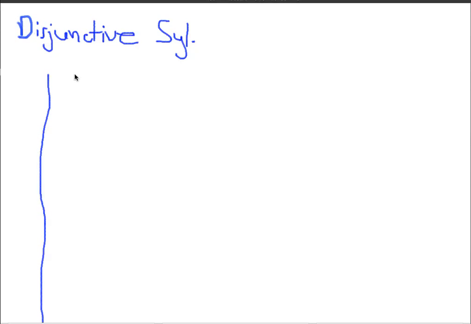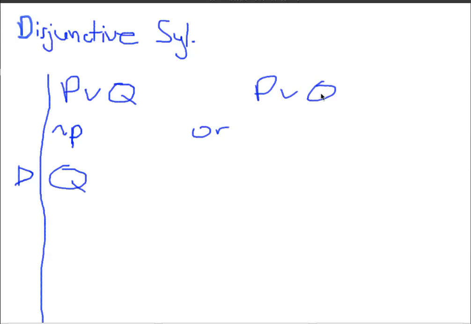Suppose you have a sentence P or Q. And then you can show at some point not P. Or alternatively, you might have shown not Q. You can then say, therefore, Q. So this is the inference you're allowed to make. And the alternative, as I suggested before, is you might have P or Q, and you might get not Q. Well, from that, you can then derive not P.